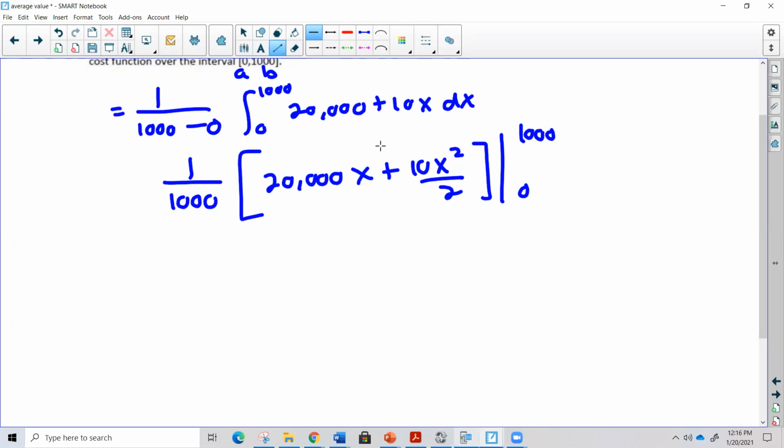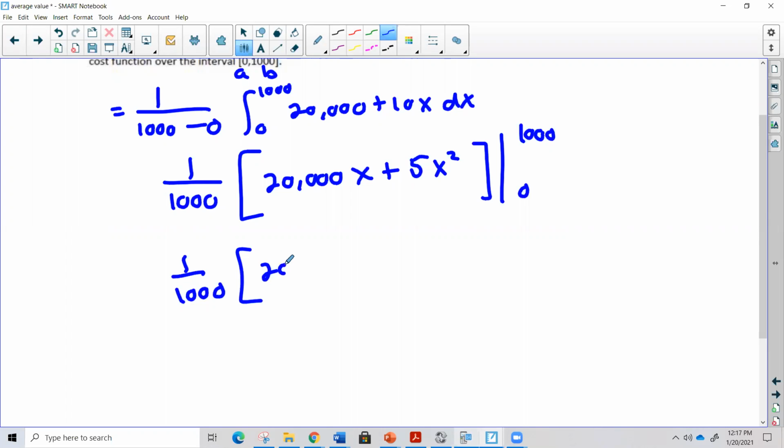So 10 over 2 x squared, I'm just going to change this to a 5x squared. And I'm going to plug in my upper bound first to both, and then subtract my lower bound plugged into both.